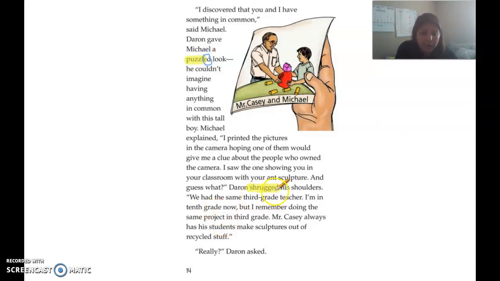I could look at shrug. We went over that the other day. I wasn't going to go over this one, but I can. The base word for shrug is shrug. It ends in a vowel and a consonant, so I add the extra consonant and add ED.